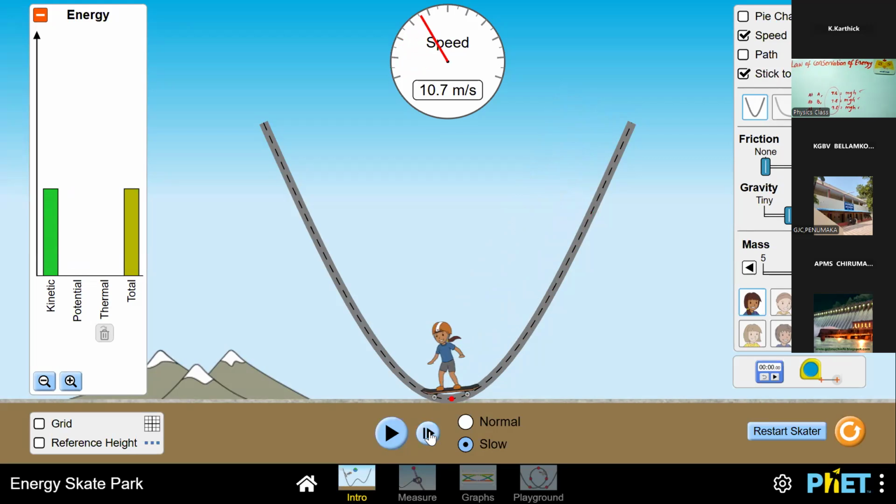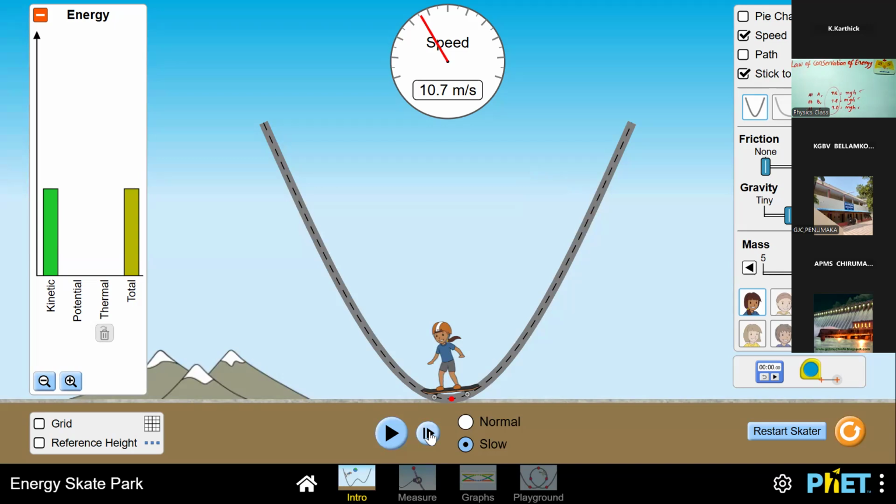So now you can recall that in the topmost place, that object, stone or ball or person, whatever else, is going to have only potential energy. And once the object hits the ground, it only has kinetic energy.